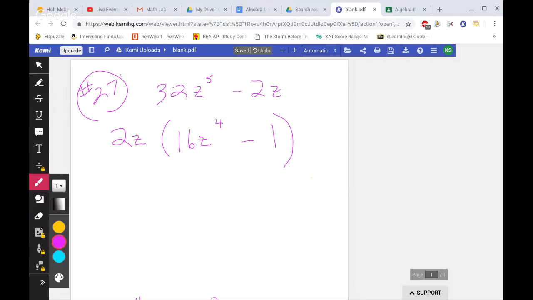And then this is the difference of two squares. The 16z to the fourth minus 1, because 16 is a perfect square, z to the fourth is a perfect square, and 1 is a perfect square.